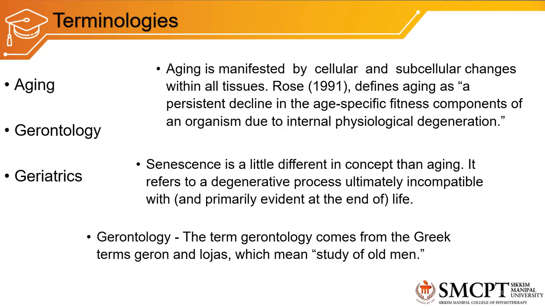So basically, Rose wants to tell us that the adaptation to the environment decreases with age. Senescence is a slightly different concept than aging, and it refers to a degenerative process which is ultimately incompatible with life.